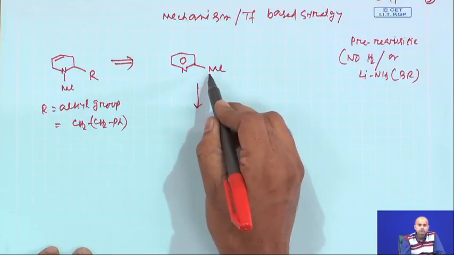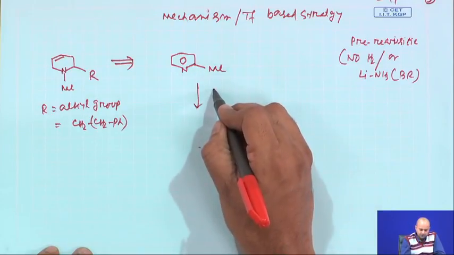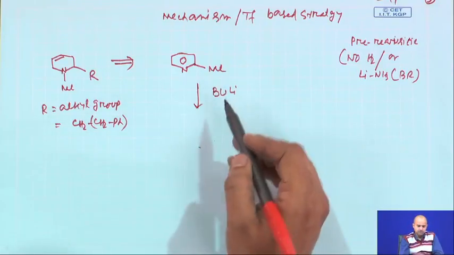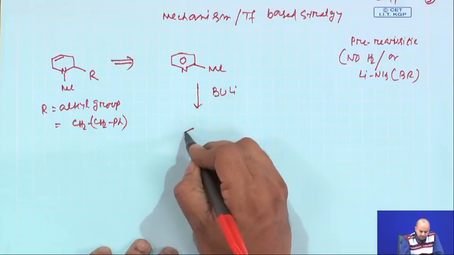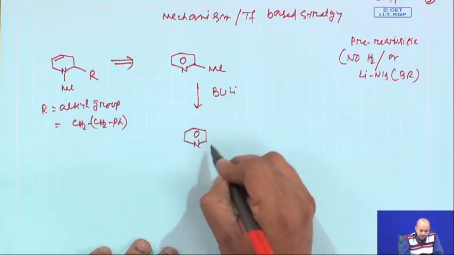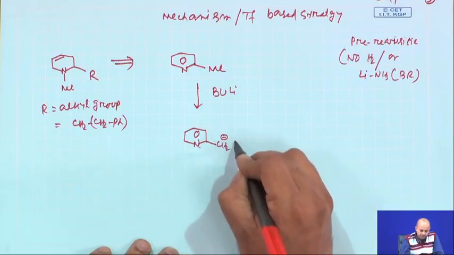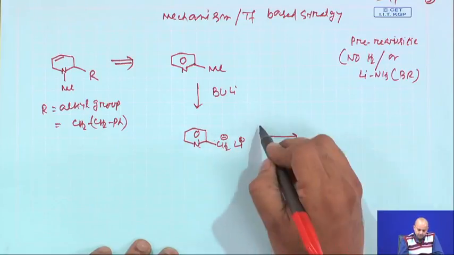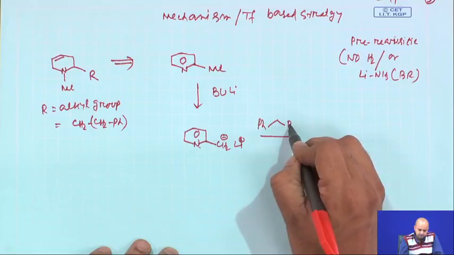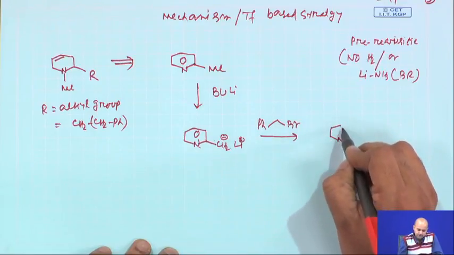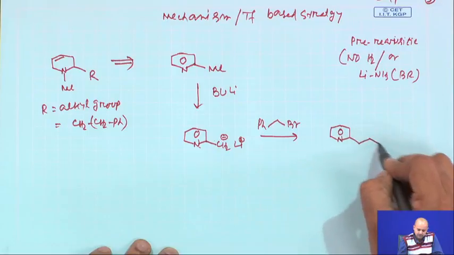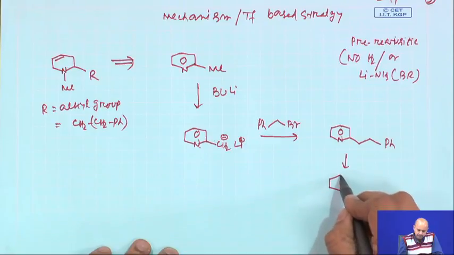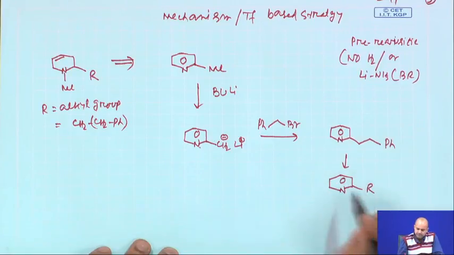Now, substituted pyridines are very good reagents, they can easily react with a base like butyllithium, and eventually you can generate this CH2 minus Li plus very easily. And this CH2 minus acts as a nucleophile, you react with a very good electrophile, benzyl bromide, to initially get the CH2Ph, which we will now call R. Okay. So, this R part was initially done.